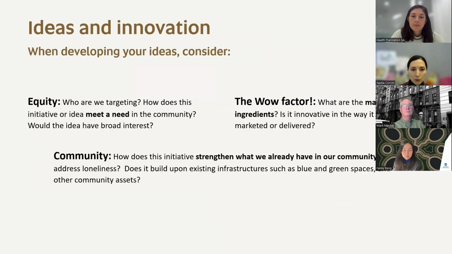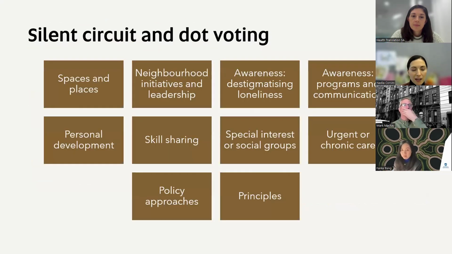What we then did, I'll just go back to that slide, we used a process called dotmocracy, which essentially is giving people stickers to vote on which themes spoke to them, or they felt an affinity with and would like to see there's potential to prototype further.